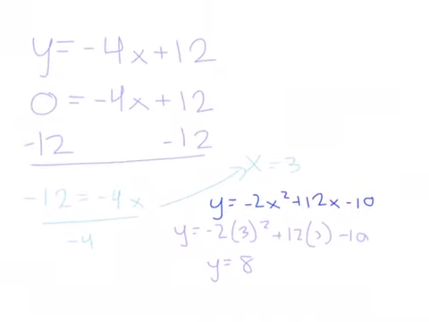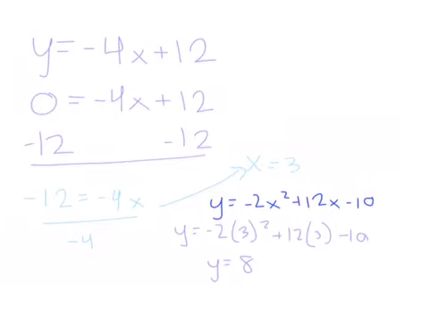Once we have that, we're going to change the y into a 0, like the zero property. So 0 equals negative 4x plus 12, subtract 12, and then divide by negative 4. Then x is going to equal 3.